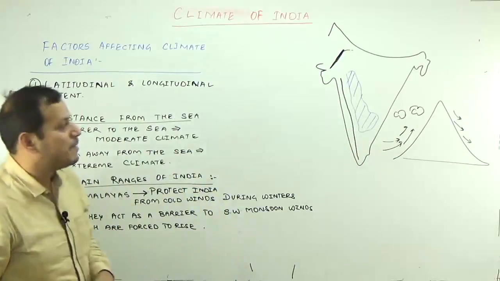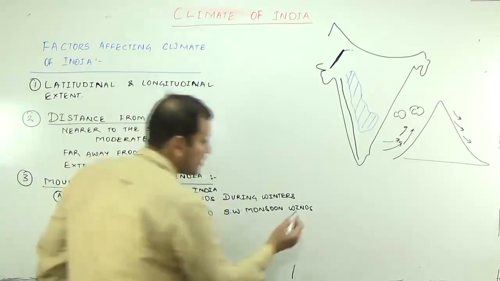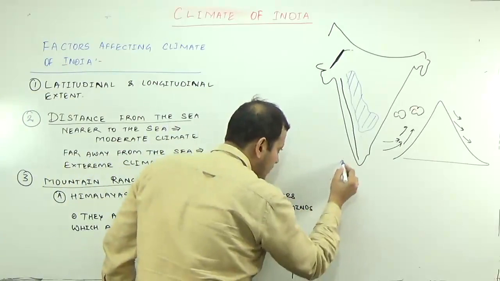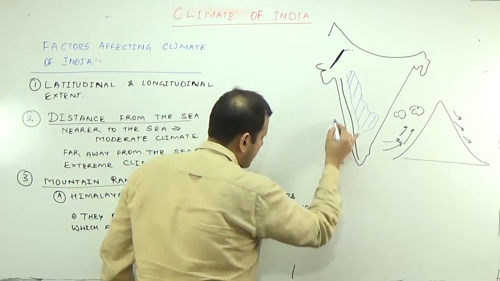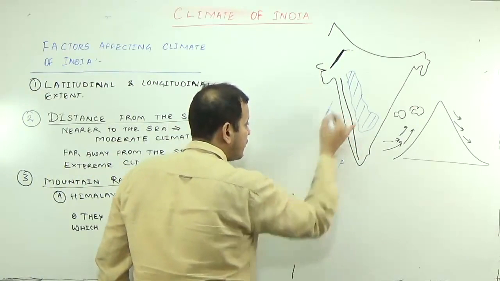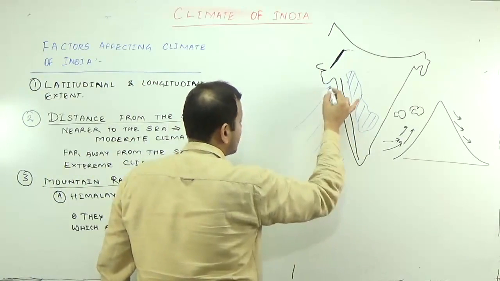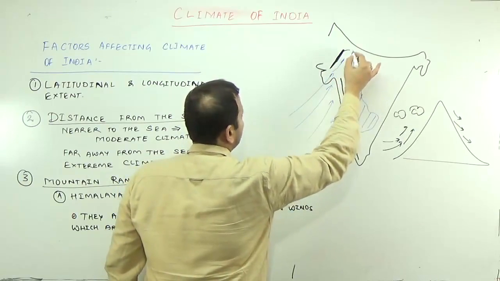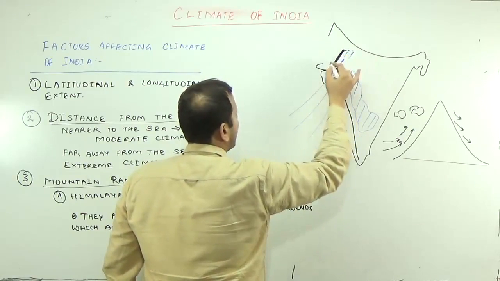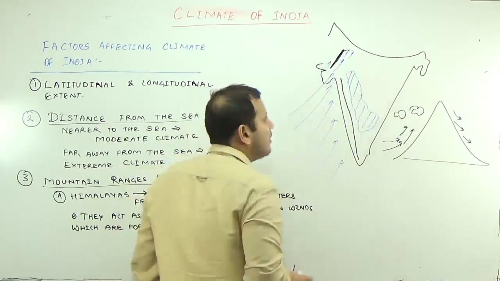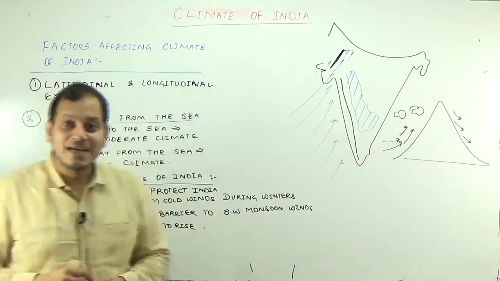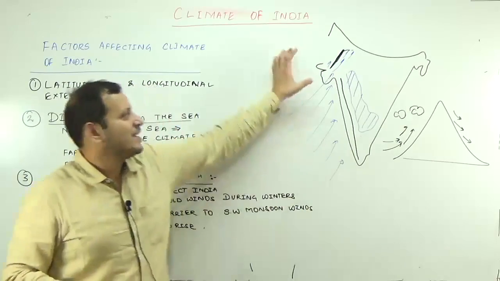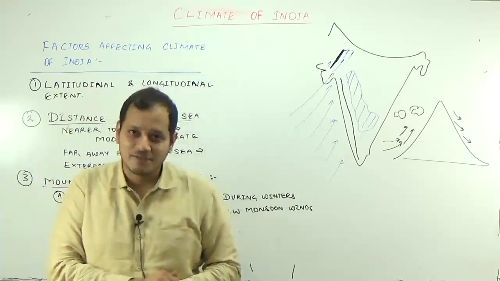Now the same thing happens in the Aravali region. The southwest monsoon winds come to India, they are forced to rise up by the Western Ghats, but because of the direction of the Aravalis, they flow parallel to the Aravalis, and therefore the Aravali does not act as a barrier, and therefore this region is a semi-arid and arid region of India.